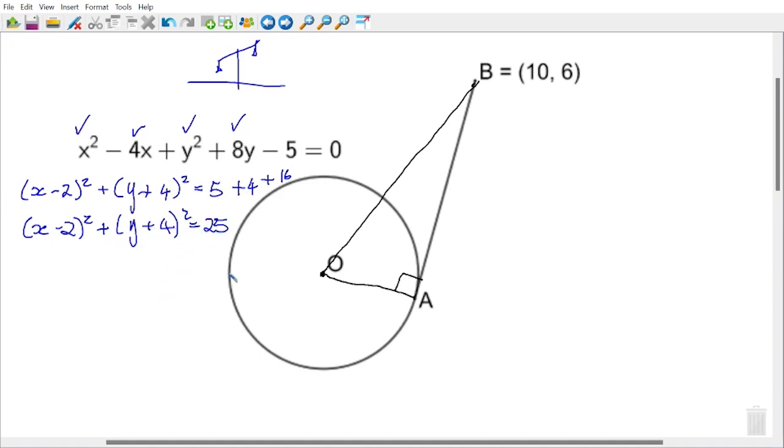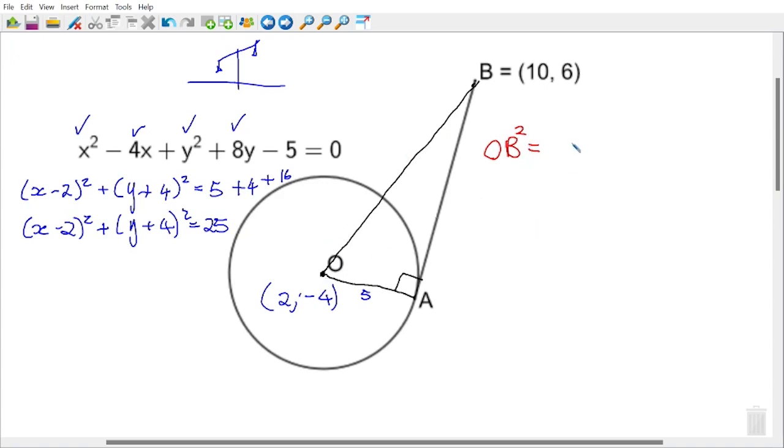Now that means that this point over here is the center (2, negative 4), and the radius is the square root of 25, so the radius is in fact 5. Next up, I can work out what OB squared is. I'm going to work out OB squared using my distance formula, but I'm not going to square root it.